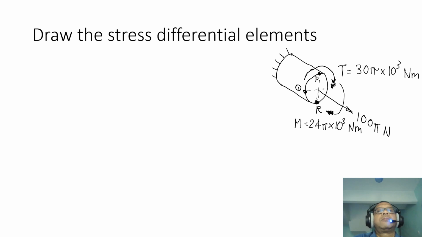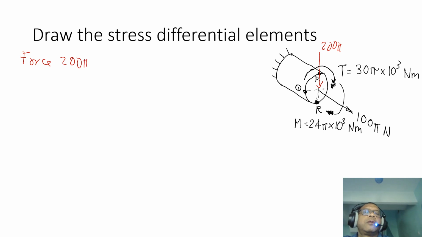So what is missing is the other one, which is the 200 pi force there. So when you apply the force, 200 pi Newton is acting parallel to the cross-sectional area.